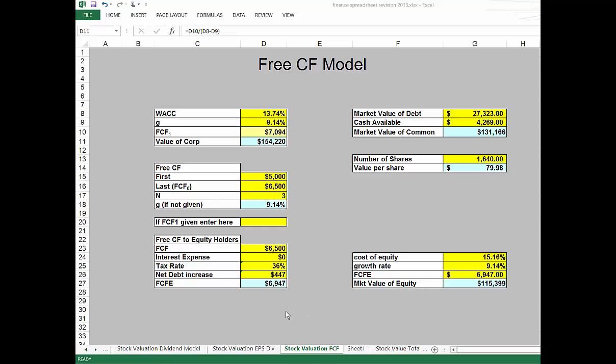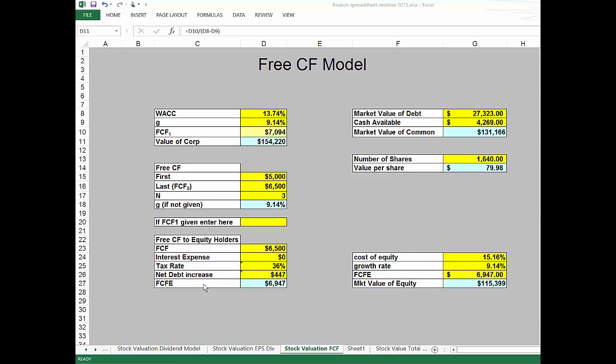How do we ultimately get the free cash flow to the equity holders? How do we calculate market value based on this free cash flow that's just available to equity holders? Again, we do the same basic thing. We have a cost of equity. We have the growth rate that we forecasted for cash flows growing.